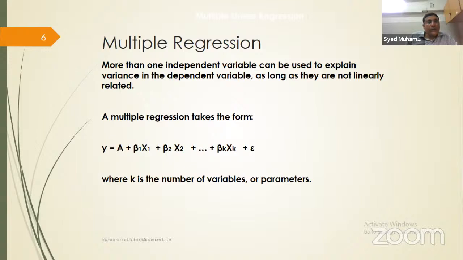The second important advantage of PLS-SEM is that if formative constructs are involved in the model, then covariance-based SEM is unable to handle them. Formative constructs can only be modeled and analyzed with the help of PLS-SEM. So these are the two important characteristics.